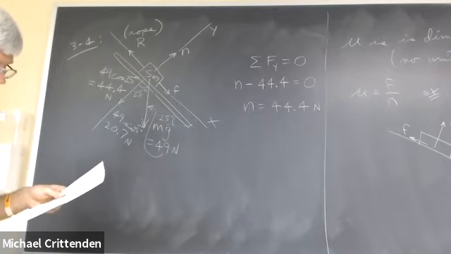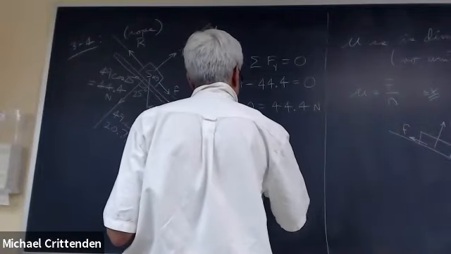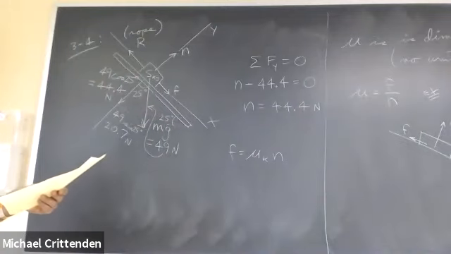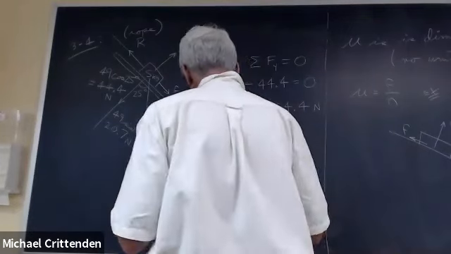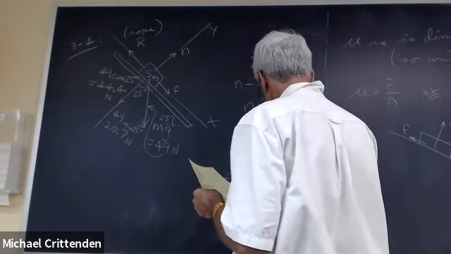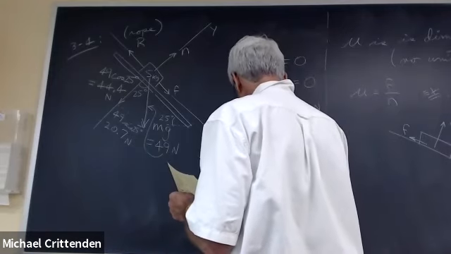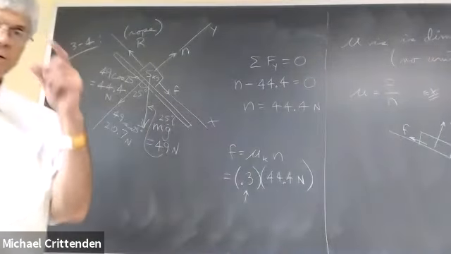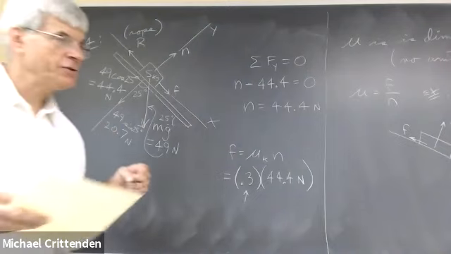Once you get the normal force, we can figure out the friction force. Since the block is sliding, that would be kinetic friction. Where does the 0.3 come from? Remember a few minutes ago, I was waving the formula sheet around, showing you how there's a table of friction coefficients.